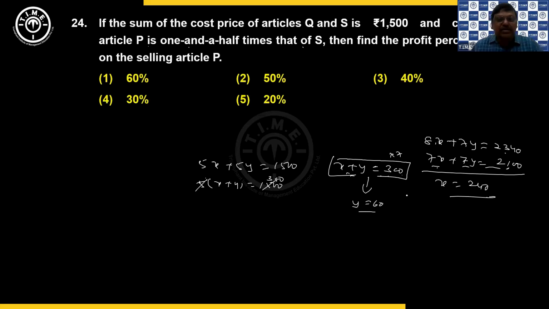In one of the earlier questions also we got the same answers. But it need not be the same every time, please. It depends on the conditions. Now, students, you know the x value, you know the y value. He says cost price of P is 1.5 times of S. Students, what is the cost price of S?